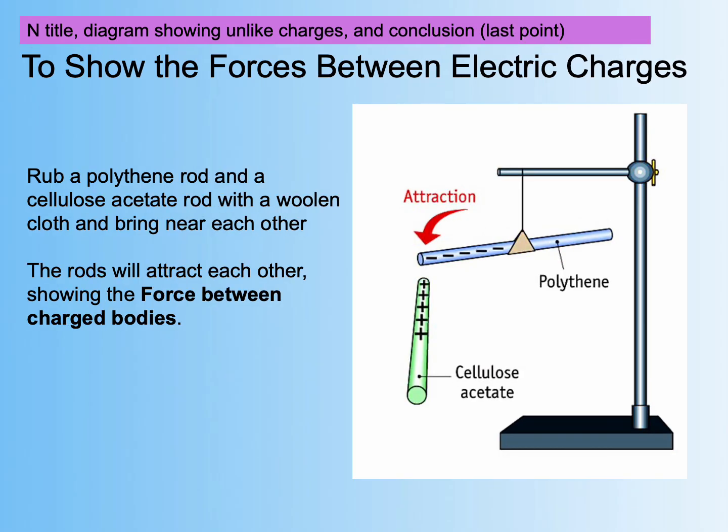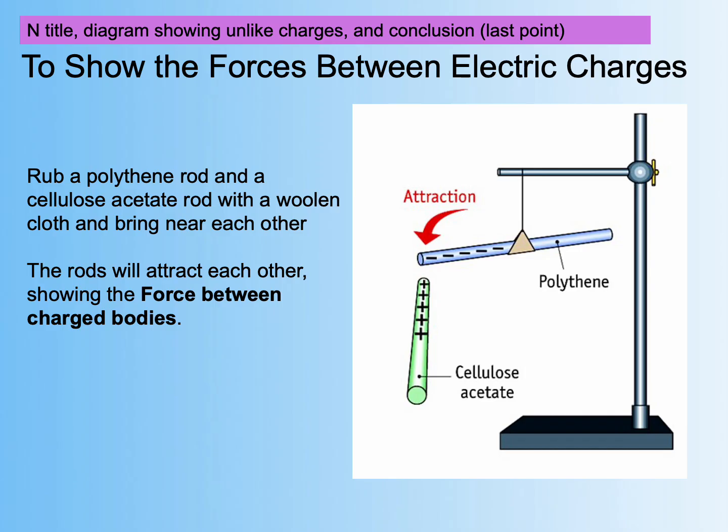If we then take two different rods, so you charge a polythene rod negatively, you charge a acetate rod positively, same setup, one hanging in the retort stand, the other rod being brought towards it, you will see there that the opposite charges should attract each other. So same conclusion here, that there is a force between the charged bodies.